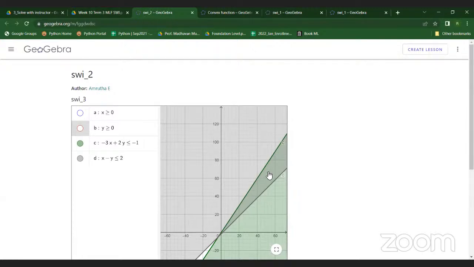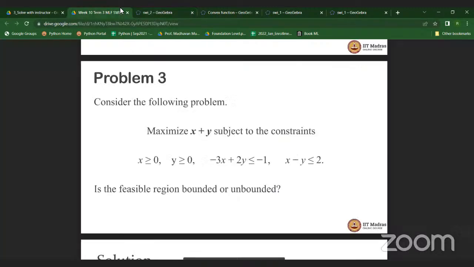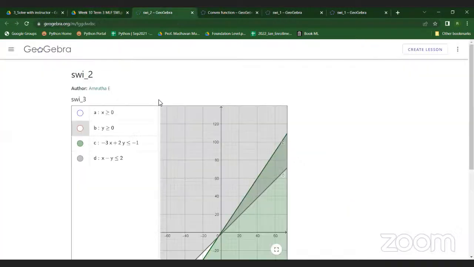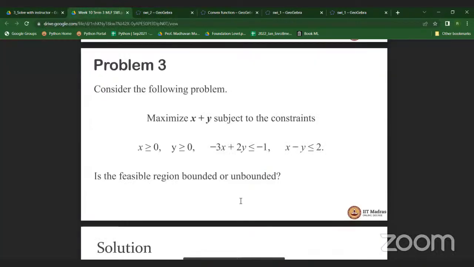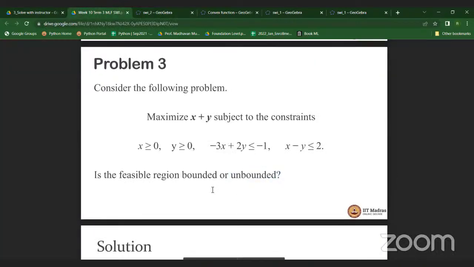For us, there's no bounded region. This region is infinite, it's not bounded. So the feasible region, the common region between C and D, is the unbounded one.